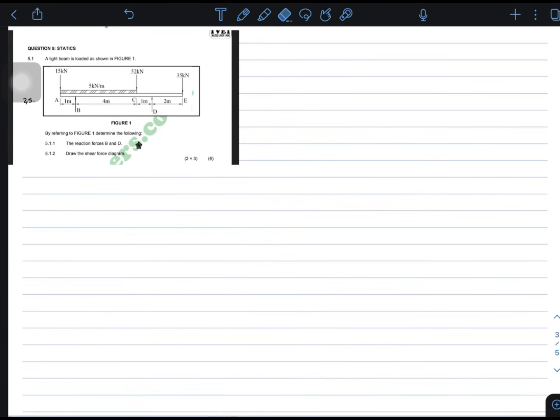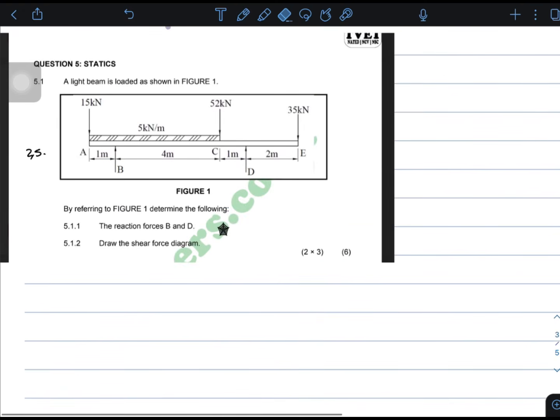Okay, guys, now that we have dealt with the basics, let us apply those basics and solve this problem right in front of us.